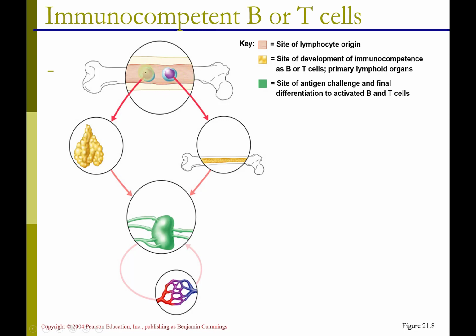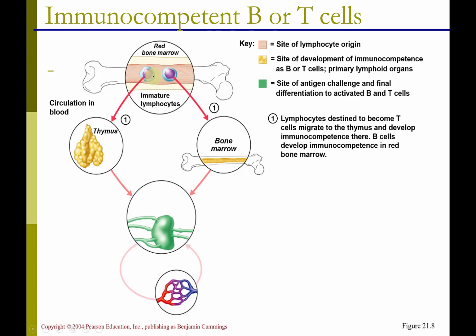But here we have two lymphocytes. If the lymphocyte migrates or stays within the bone marrow, then it becomes immunocompetent there, and it's called a B cell. If the lymphocyte migrates to the thymus and becomes immunocompetent there, it's called a T cell.